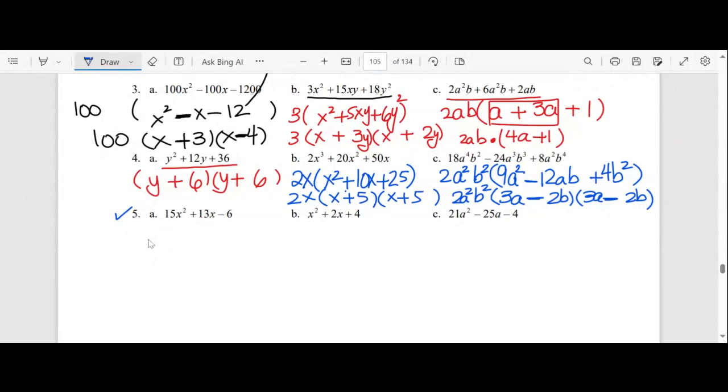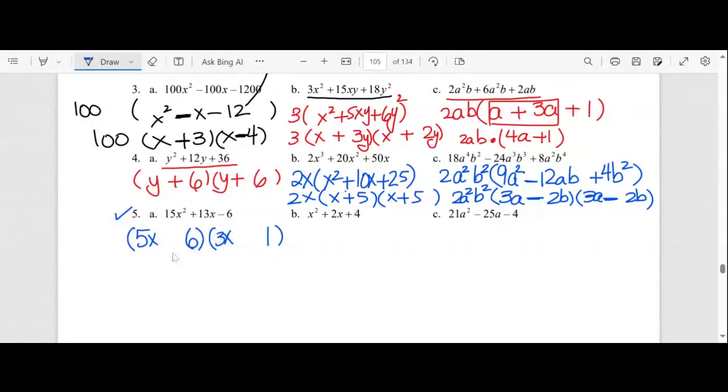Number 5. 15x squared plus 13x minus 6. How many terms are here? 3. Anything common? Nothing. So 15 can be 15 times 1 or 3 times 5. I'm going to take 5x and 3x. 6 can be 2 times 3, or 6 times 1.